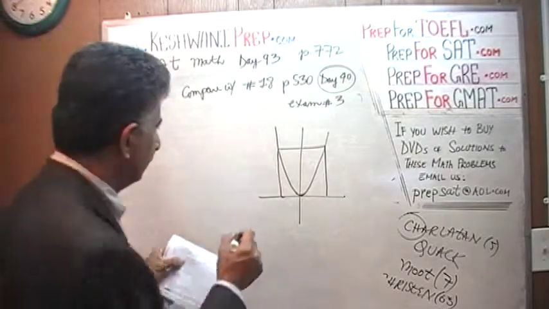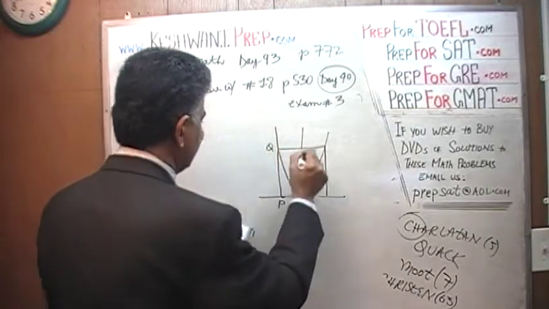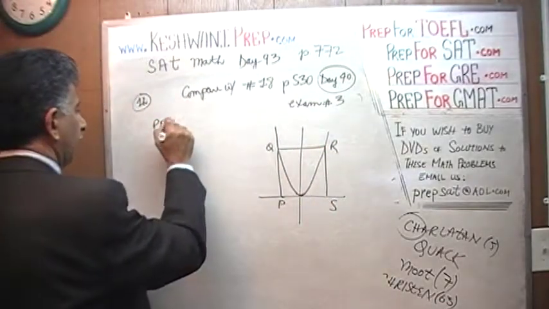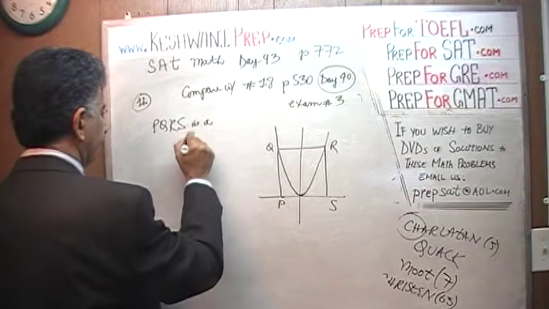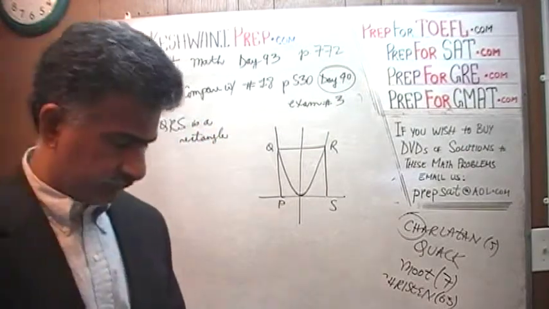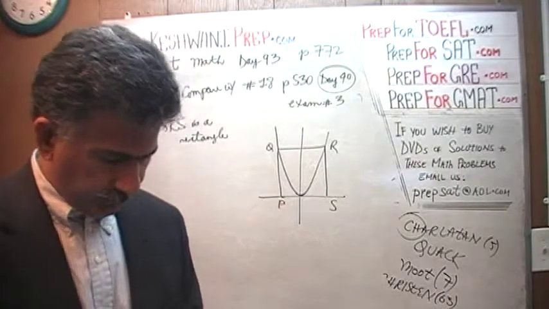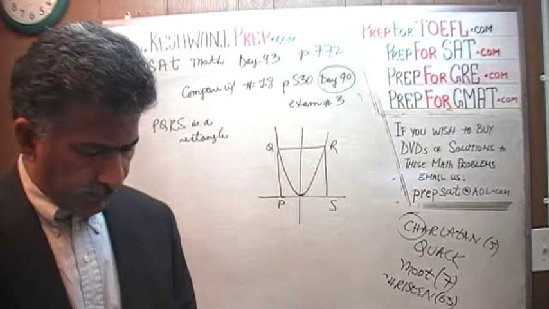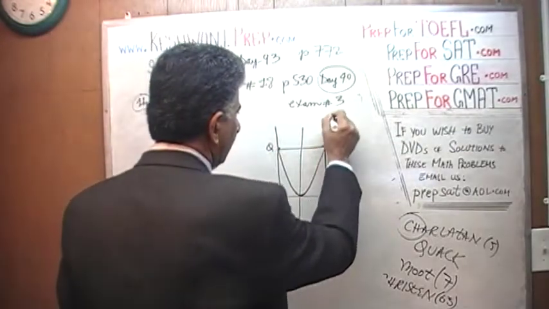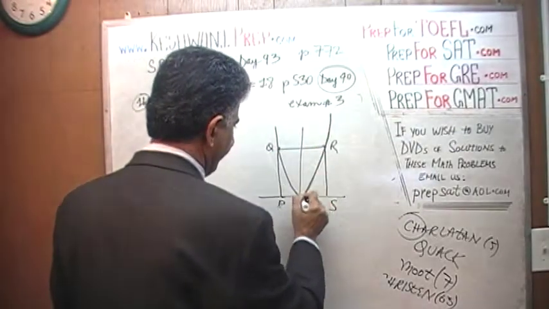Okay. PQRS, we are told, is a rectangle. It's not a square. Points Q and R lie on the graph. Point Q, as you can see, points Q and R lie on this graph here.